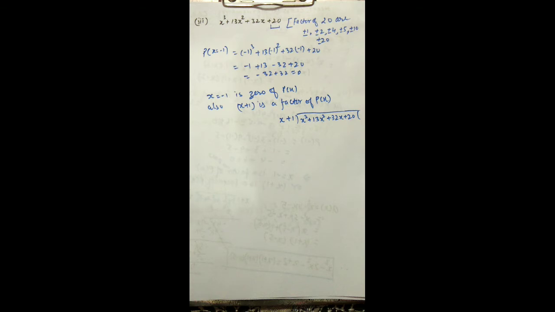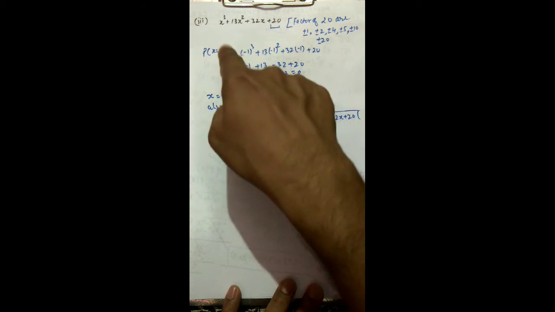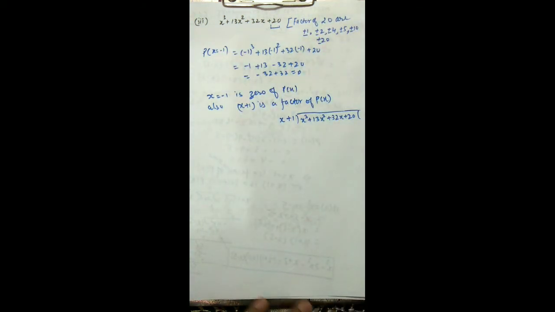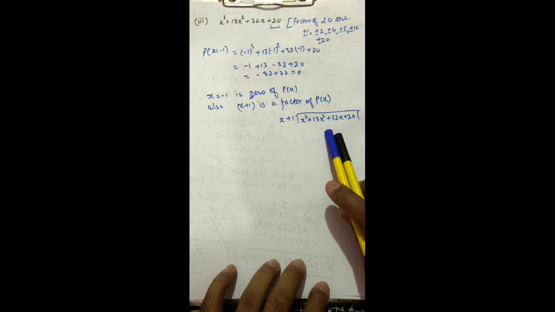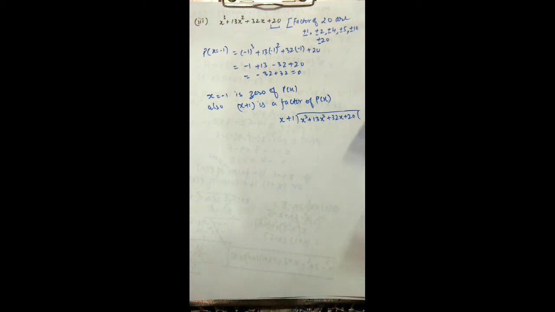So this way it's going to be a very long method and not advisable from my point of view, at least. But if you want to go for factor theorem, you can go and find such factors, but ultimately you will get stuck somewhere, because this method is not helpful. Only this hit and trial method is the most useful method to factorize this cubic polynomial.